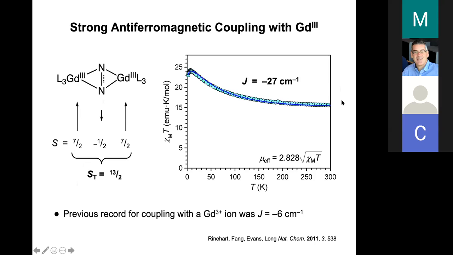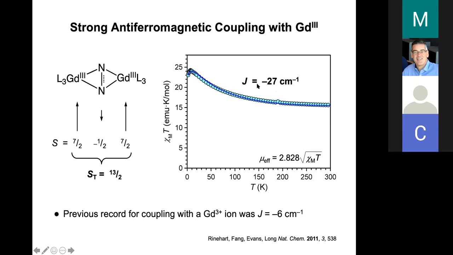Here we're just fitting the temperature dependence of the magnetic moment, and from that, we can extract this J value. Remember, these J values are, as we defined them before, for either Heisenberg exchange or super exchange. And the greater in magnitude they are, the larger the strength of the interaction.